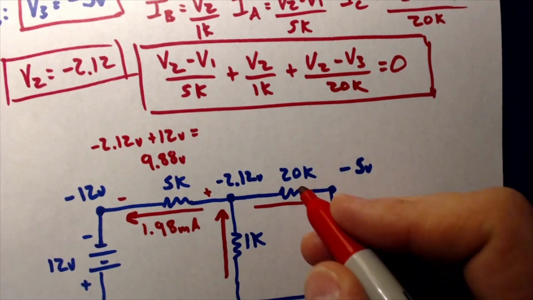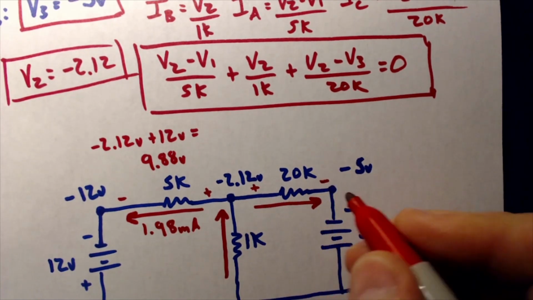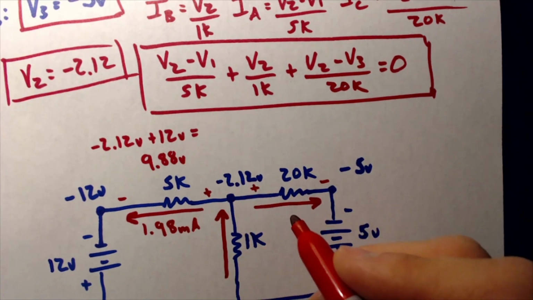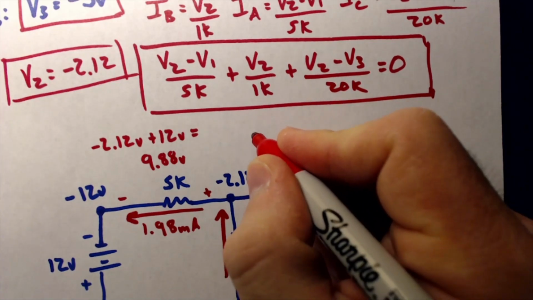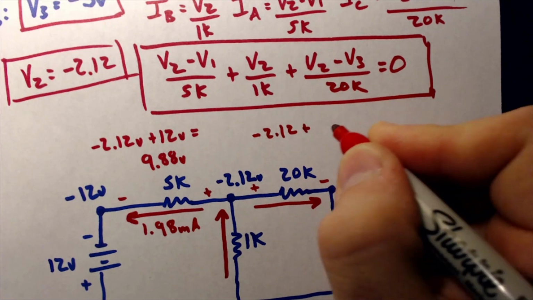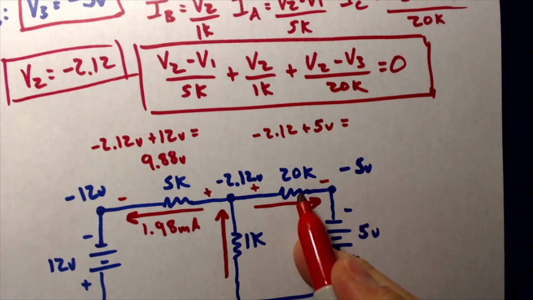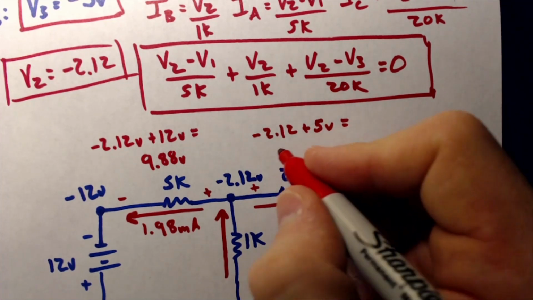For our 20K, current always goes from a higher voltage to a lower voltage, right? So plus a minus 2.12 minus a minus 5. So minus 2.12 plus 5 volts. That's our voltage drop across the 20K. And that ends up being 2.88 volts.